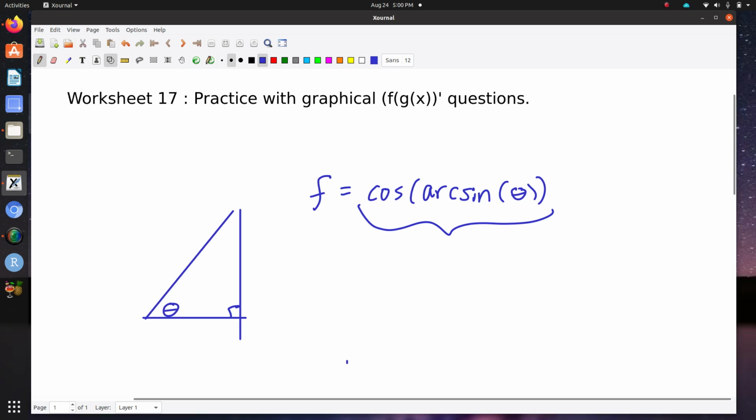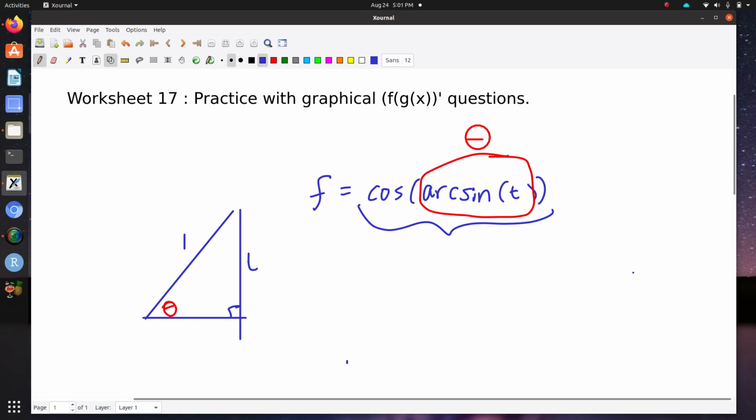So you have a theta here, and, well, I'm sorry, I don't want to put a theta here. I want to put a t here. Sorry about that. This whole mess right here is your theta. And your theta is an angle whose sine is t. So how do you make a sine of t?